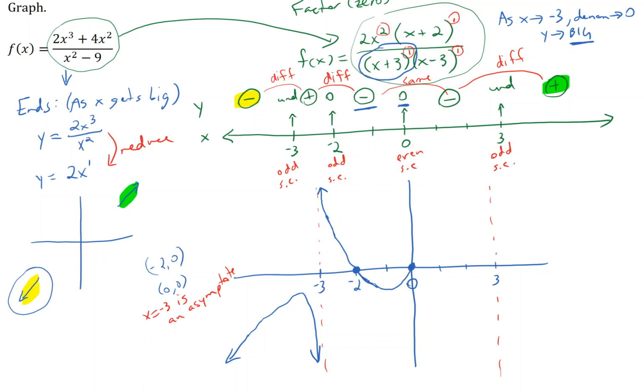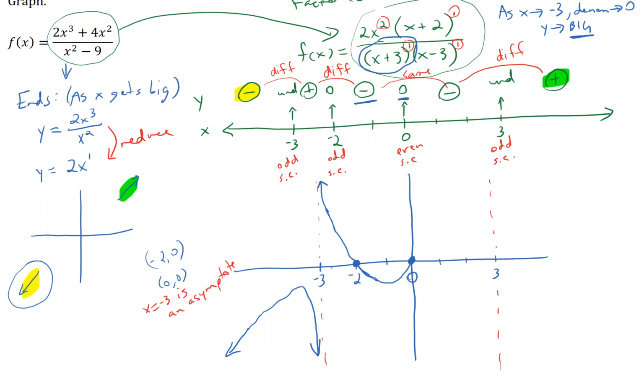And if you want to know any other particular y values, again, plug in more x values to the whole function and calculate the exact y values. This is just a sketch. Now, as I pass 0, my y values go negative again. So I have to go below the x-axis, like this, and then I have to see what happens as I'm moving closer to 3.